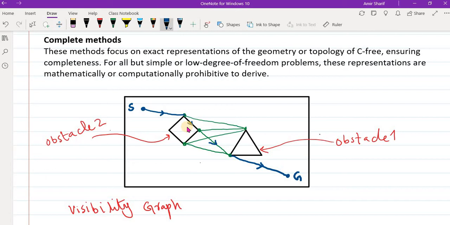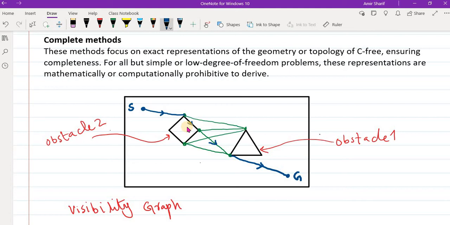For all but simple or low degree of freedom problems, these representations are mathematically or computationally prohibitive to derive. So these kinds of methods, the complete methods, are good for low degrees of freedom problems, where you have fewer dimensions in your C space, and also fewer obstacles in the environment.